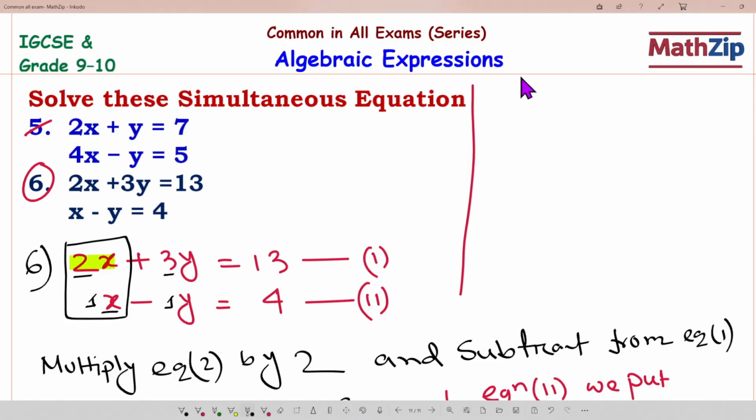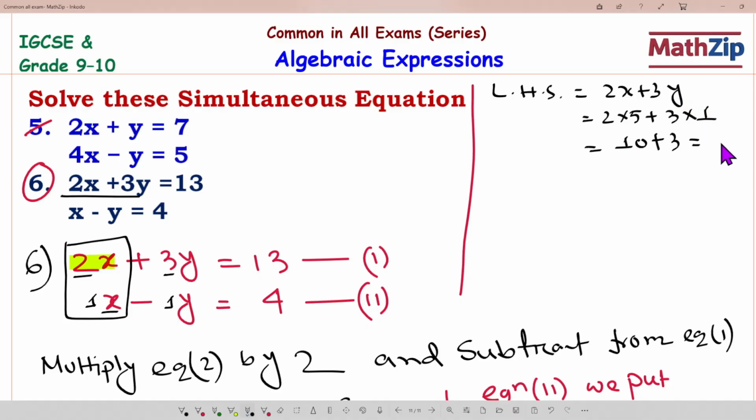Number 6, in here equation 1, left side: 2x plus 3y, 2 times x means 5 plus 3 times y means 1. So 10 plus 3 will be 13.